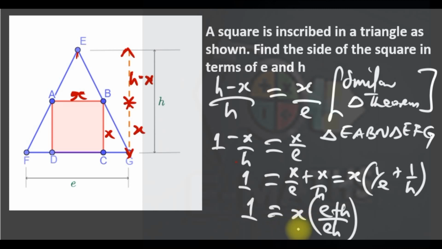Making x the subject of the formula, therefore x is now EH over E plus H. So that's how we got the formula. Once a square is inscribed in a triangle, and you are given the height of the big triangle and the base, it's just the product of the height and the base over their sum.